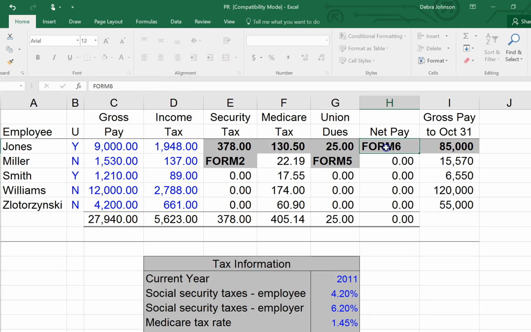Our net pay is our take-home pay, or what we take home after the deductions have been taken out. So for this formula, we could tell the computer to take our gross pay less the sum of all the deductions.